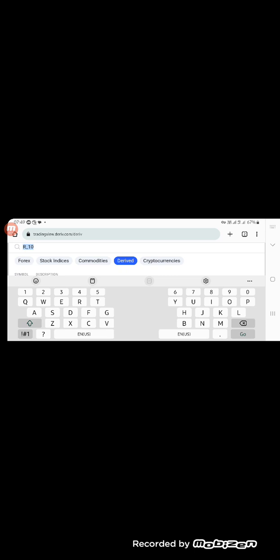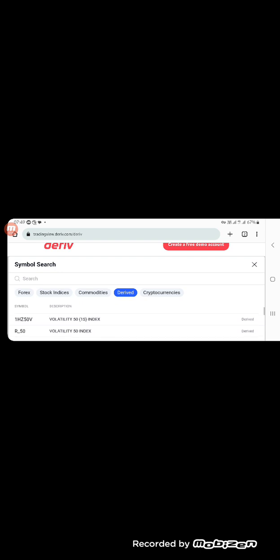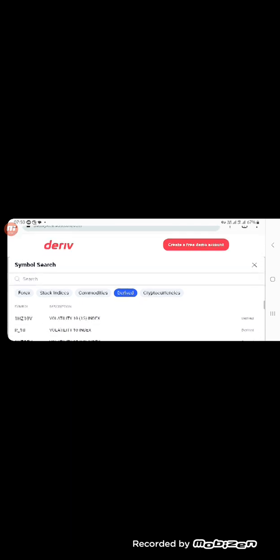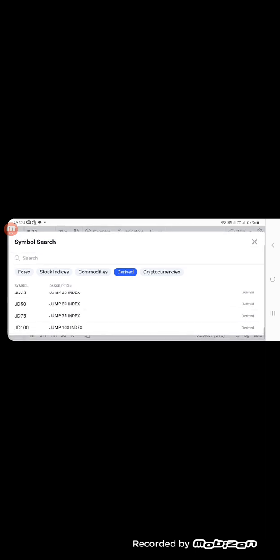So within this market, there's Forex, stock indices, commodities, cryptocurrencies, derived. So you're gonna go under this section, derived, and then make sure you remove everything from the searching panel. So here there's different assets, right? As you can see, volatility index, 10 first index, step index, boom, crash, jump 75.